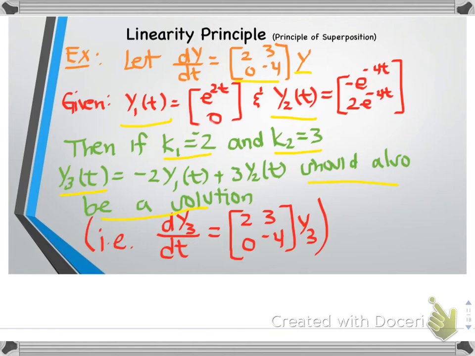And remember, to check if it's a solution, you have to show that the left-hand side, which is the derivative of y sub 3 with respect to t, is equal to the right-hand side, which is the constant coefficient matrix A times y sub 3.